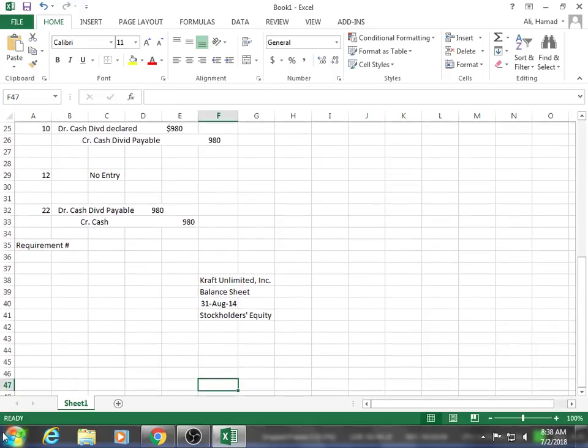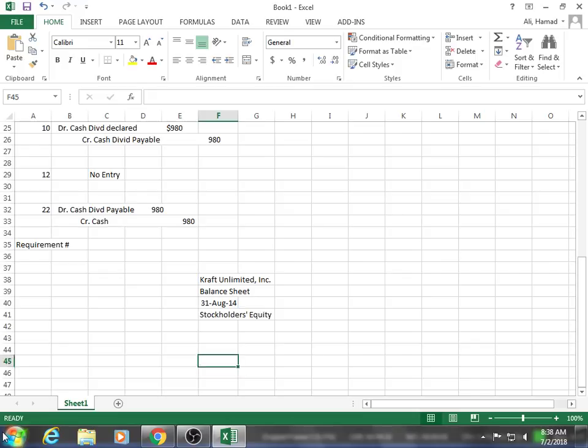All right, and the first component is going to be the contributed capital, correct? So we start here. Contributed capital. What are the components of contributed capital?